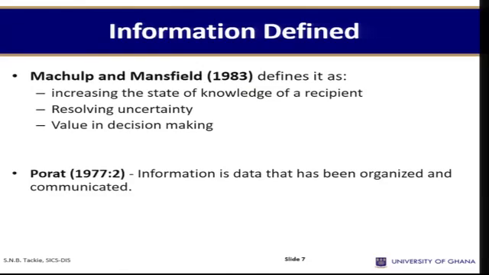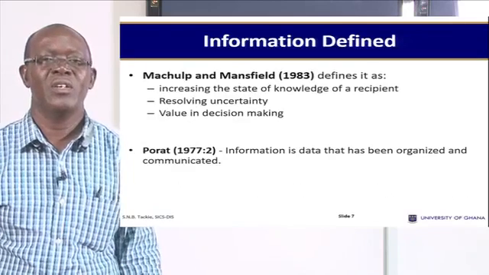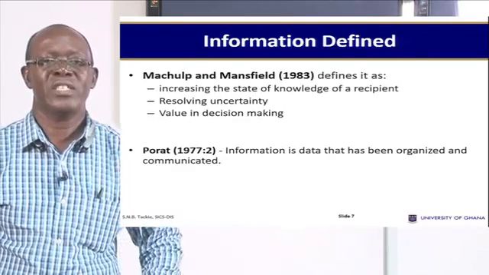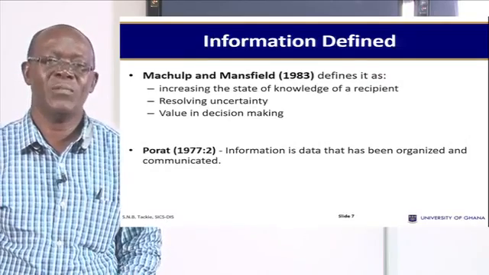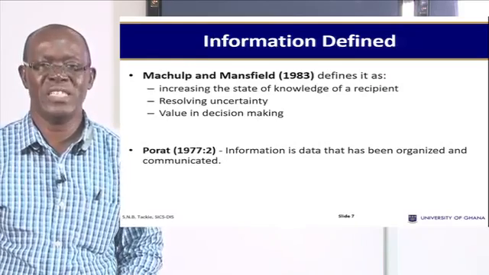But Marshall and Mansfield in 1983, for example, defined information as increasing the state of knowledge of a recipient, resolving uncertainty, and valuing decision making. Now what they mean is that you are increasing the state of knowledge of a recipient, somebody who has a certain level of knowledge.